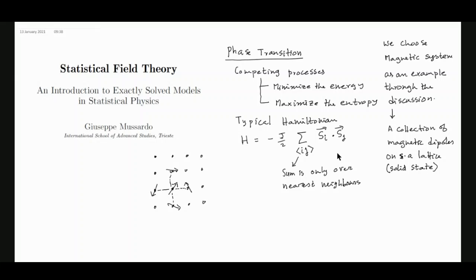But let's not go into details. It is also a consequence of the Coulomb force between the electrons, and we will leave it at this point. So J greater than 0 is a constant, and this determines, in some sense, the strength of the interaction.